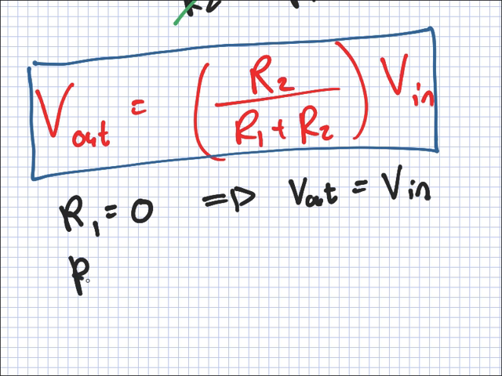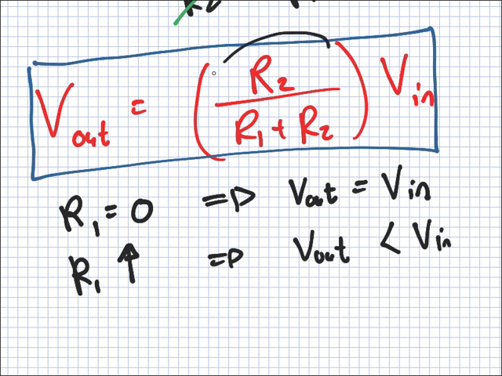Yeah, so as you said, V out would equal V in. Now what would happen if R1 starts to increase? What would happen to this fraction? Does this fraction get bigger or smaller as the R1 increases? Smaller. So what would happen to V out? Would it be bigger or smaller than V in? Smaller, because what you're doing is you're multiplying by a decreasing number.